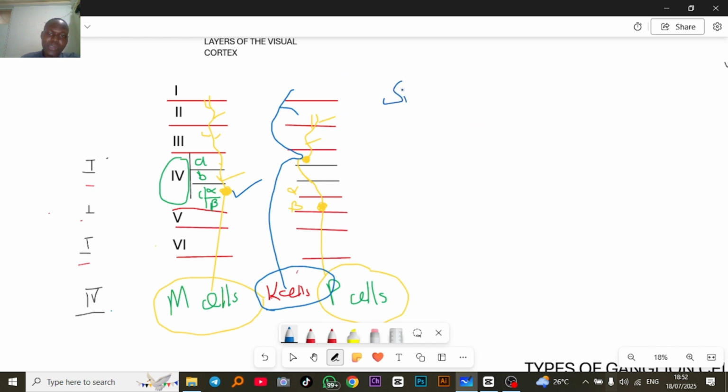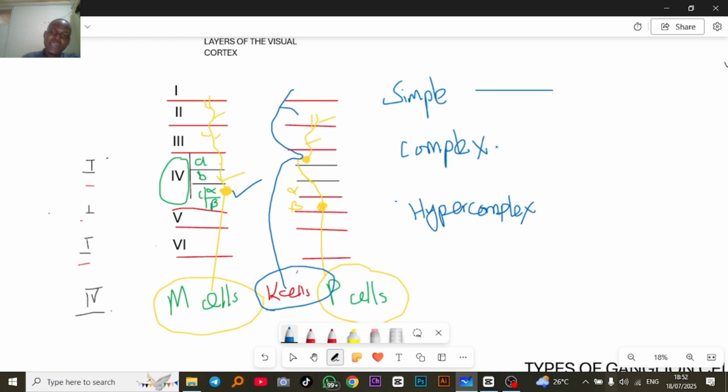Other types of cells found within the visual cortex that we need to cover are simple cells, complex cells, and hypercomplex cells. How do these function? I'll go straight to the point. If I'm to draw a tree, I start by drawing some lines.